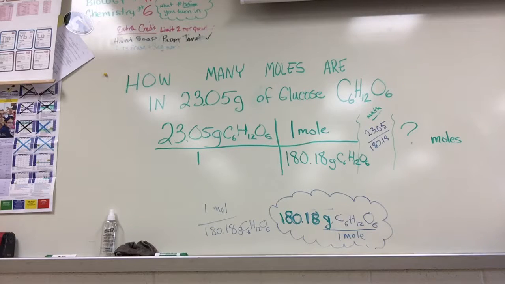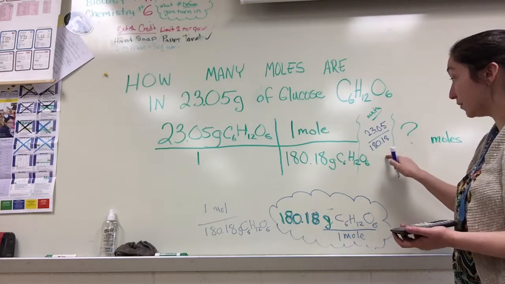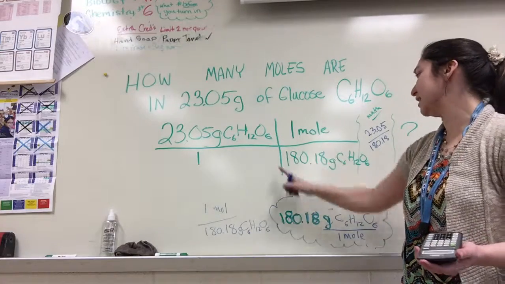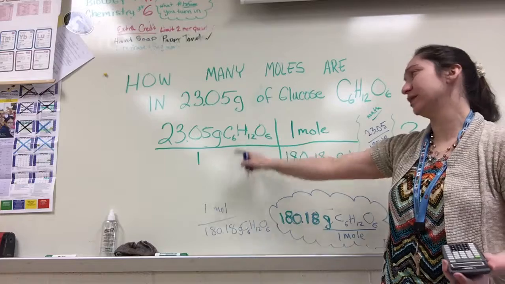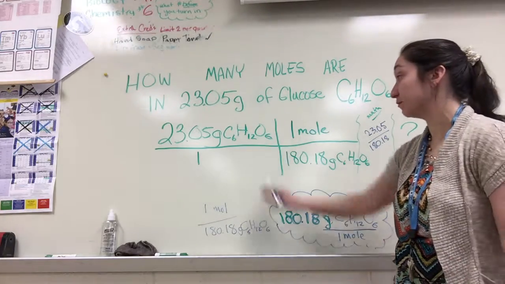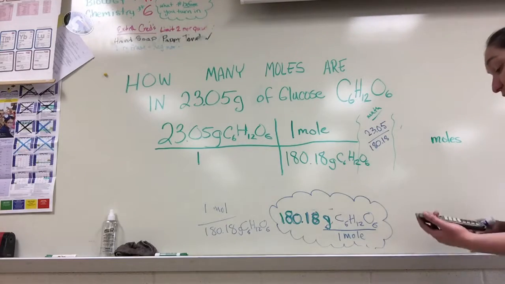Yeah. The reason your number is going to look small is that it takes at least 180 grams just to equal 1 mole. So if I only have 23.05, it's going to be a small number because I have less than a whole.